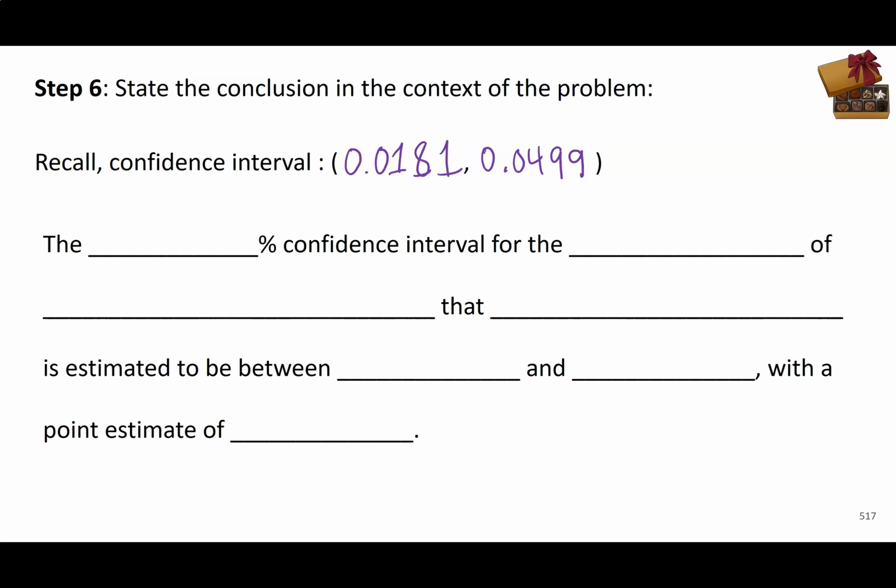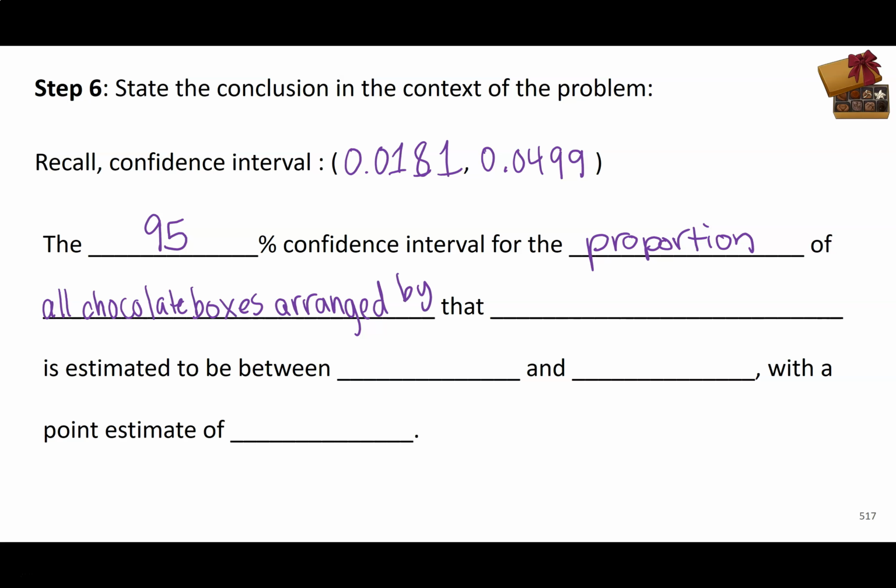So we did a 95% confidence interval for the proportion of, and here's my population, so the proportion of all chocolate boxes arranged by, sorry I'm running out of room, robot arms.